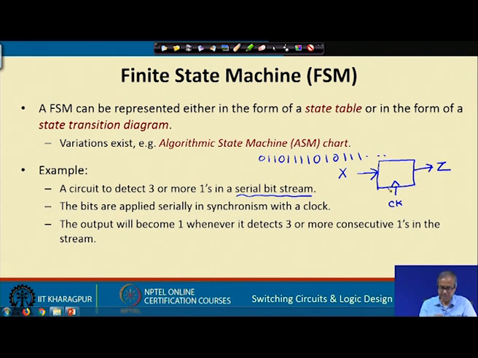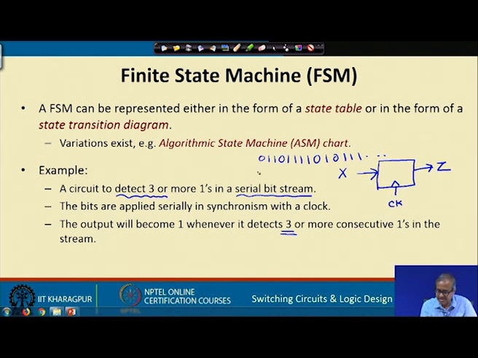Now, the circuit should be such that you will be detecting 3 or more consecutive ones in this stream, and these bits are applied in synchronism with the clock. We apply a bit, apply a clock, apply the next bit, apply a clock and so on. So, the output will become 1 whenever it detects 3 consecutive ones, 3 or more in fact.